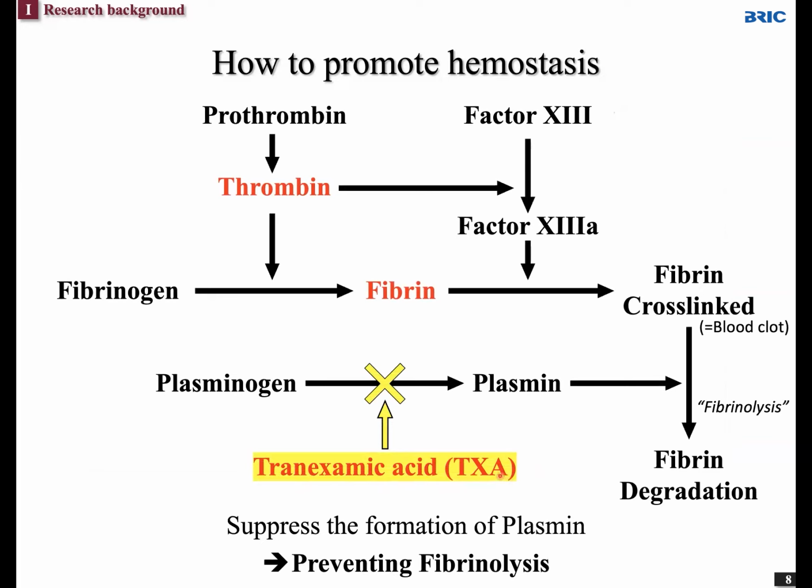TXA binds to the tissue plasminogen activator, thereby suppressing the lysis of the fibrin. This is quite important because we can bypass forming the blood clot compared to the previous conventional manner.